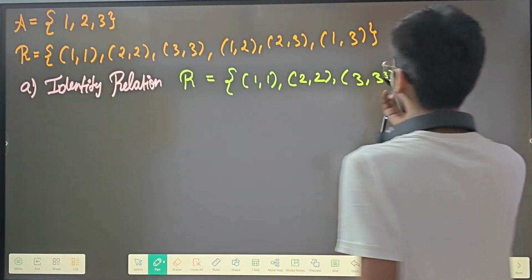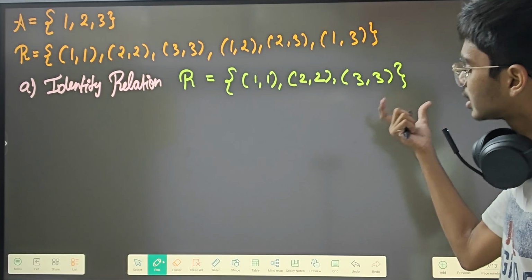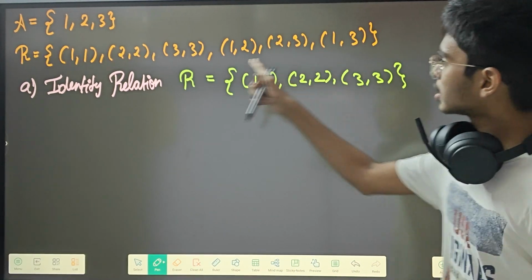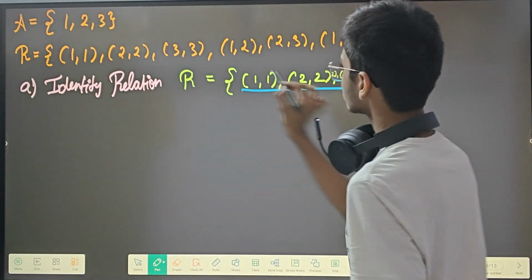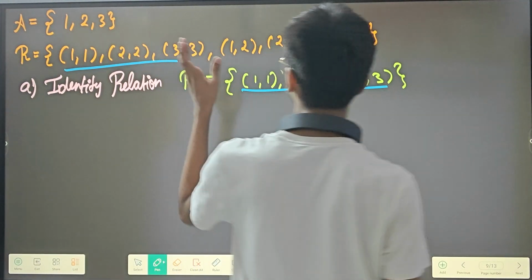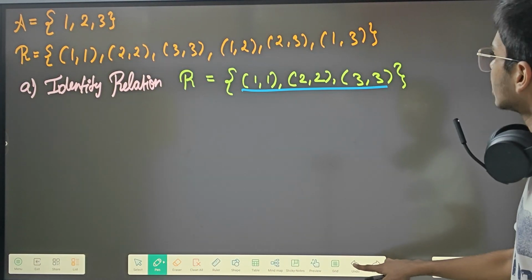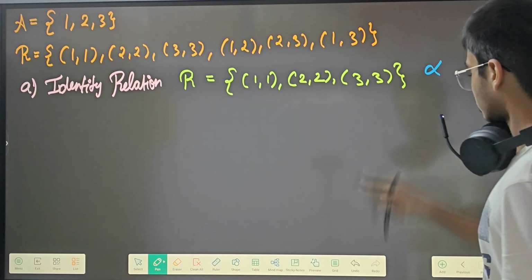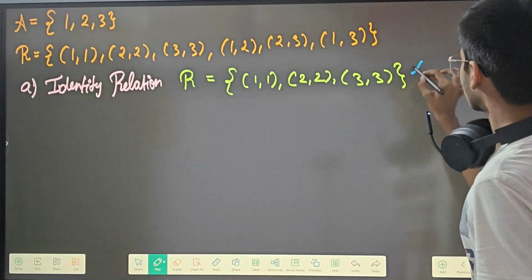Only this should be there. Then only we'll say this is an identity relation. This is there, but along with that, some other ordered pairs are there, like (1,2), (2,3) and (1,3). So we can say that this relation is not an identity relation.